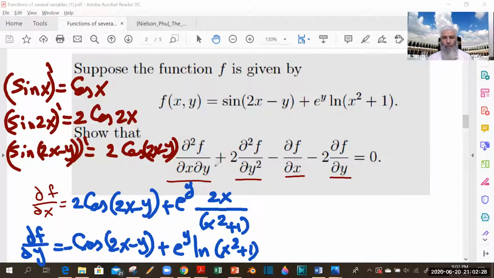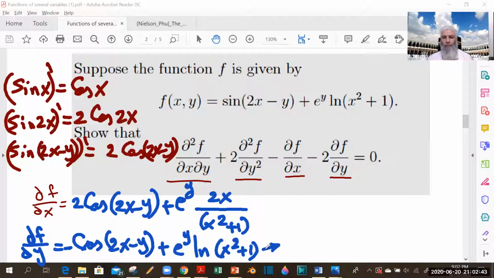So now we need d squared f/dy squared. From here, we will take the derivative of this.